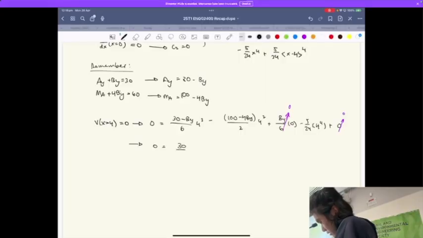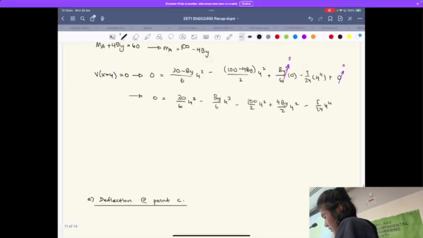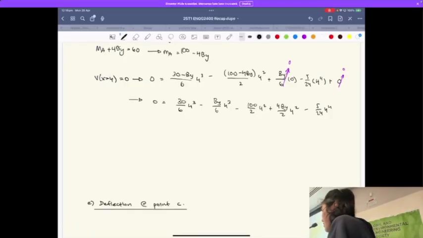30 on 6 times 4 on 2 minus By on 6 times 4 on 3. Okay, the last part of this question is just crunching through the numbers and trying to find your simultaneous equation.